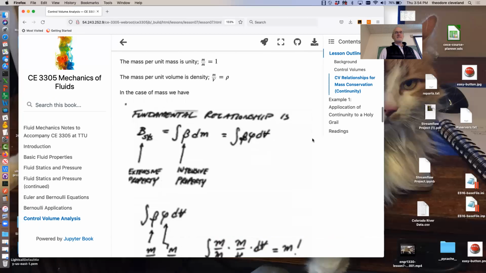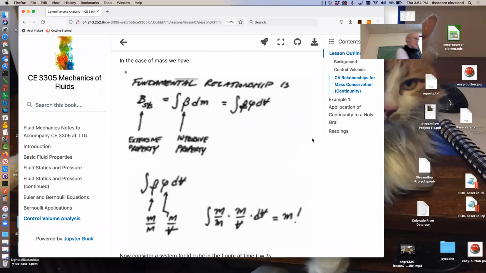So in the case of mass, if we write the fundamental relationships of what's ultimately going to lead to the Reynolds transport theorem, we could examine the extensive property, B of the system, B for body. The intensive property, beta, multiplied by the differential mass and integrated over the entire system recovers the mass of the system.